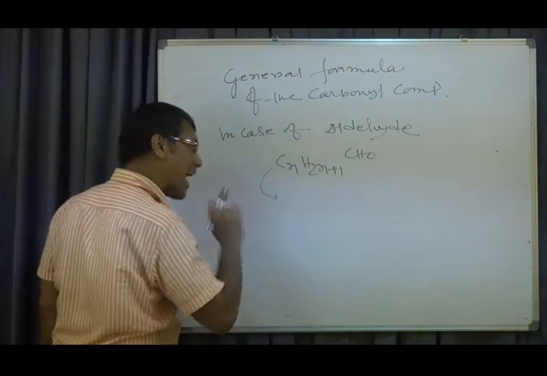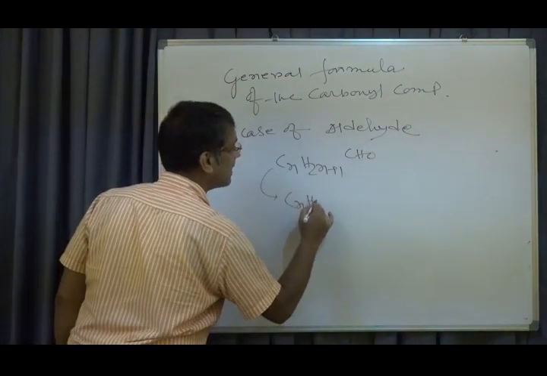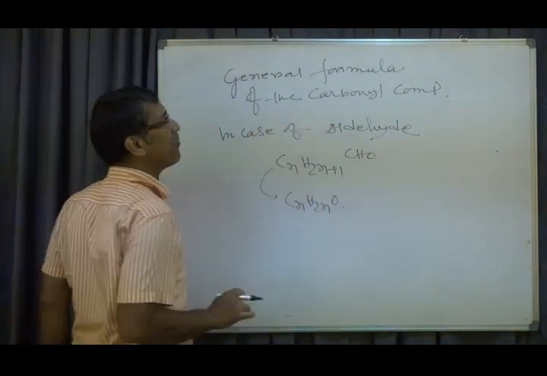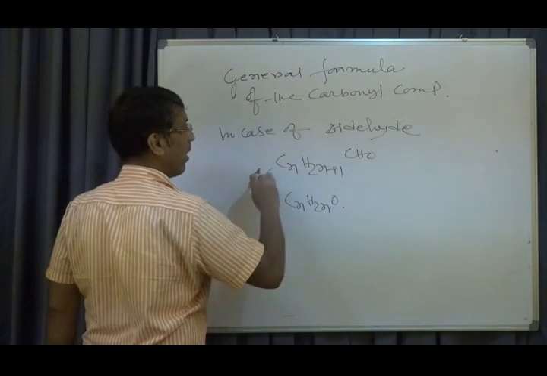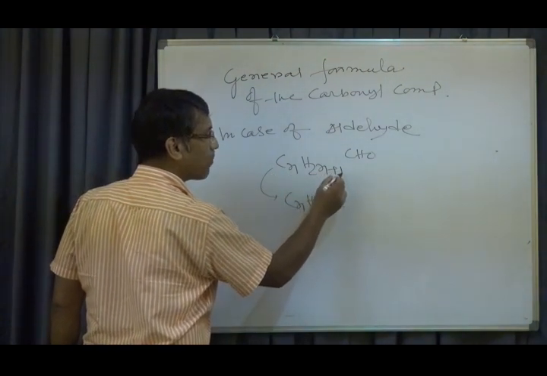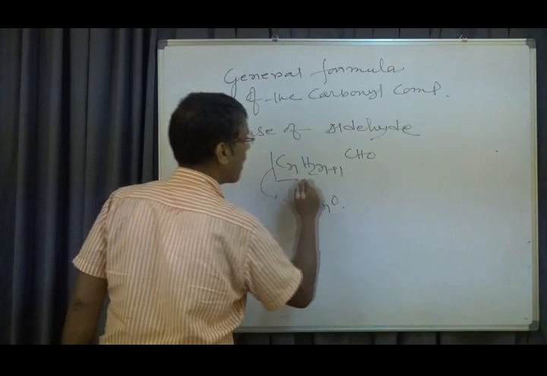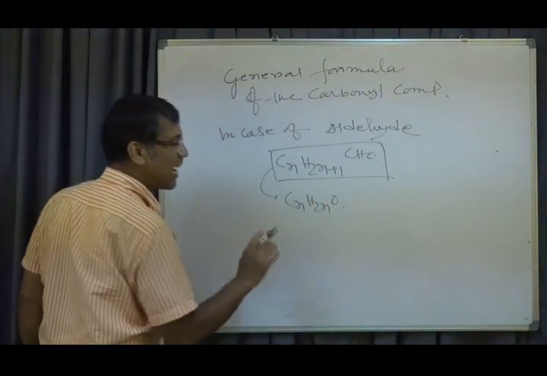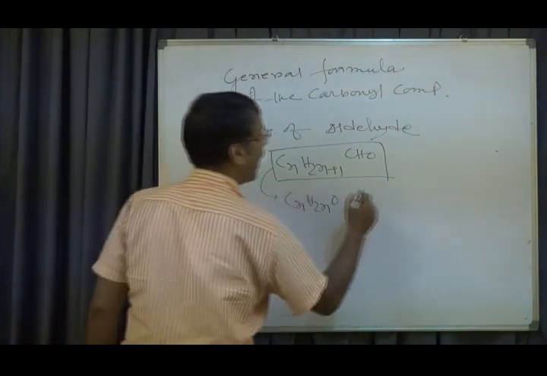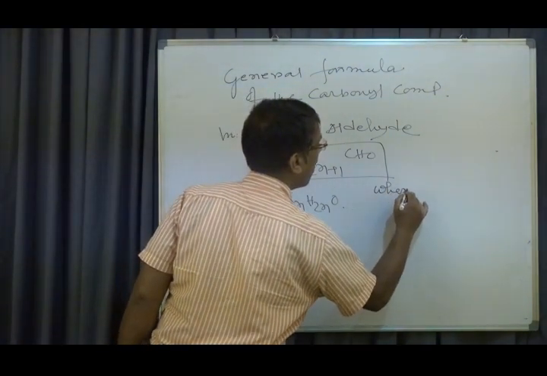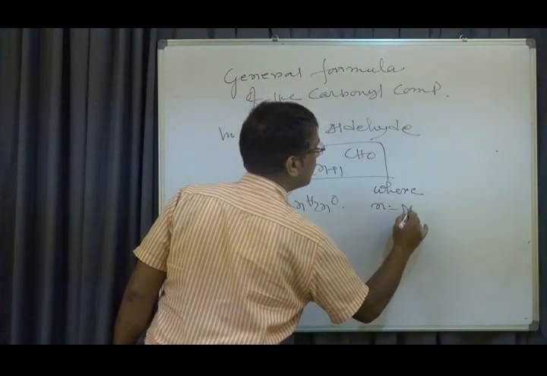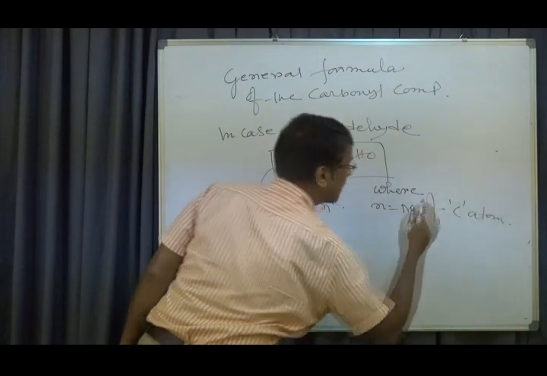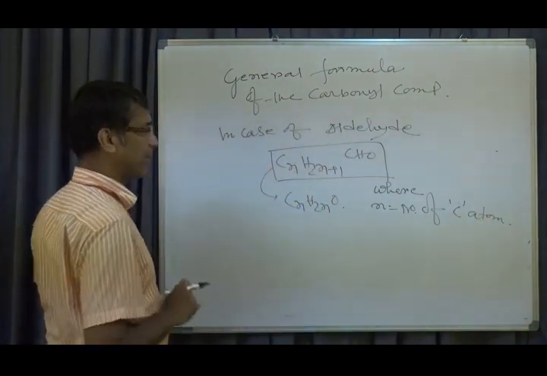It may be written as CnH2nO. So the general formula of aldehyde compound is CnH2n+1CHO, or it may be written as CnH2nO, where n equals the number of carbon atoms.